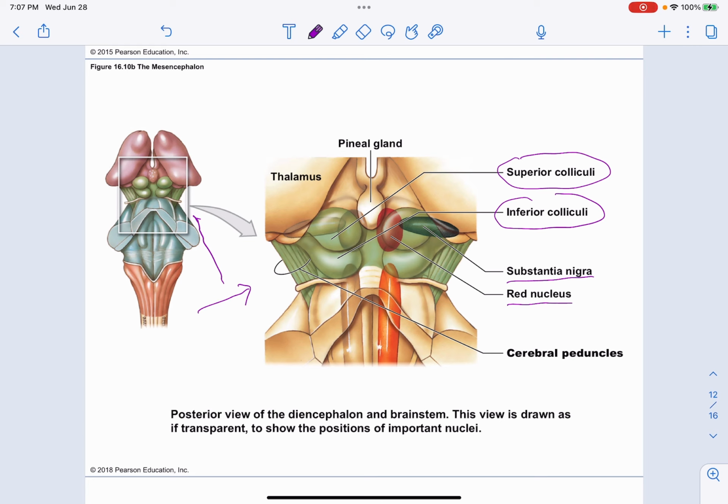There's one other feature, the cerebral peduncles, and these are largely white matter tracts. These are myelinated axons that are going to transport information to and from the central nervous system. All right, so that's what the peduncles are. I forgot to mention them, but I want to get back to these 4 nuclei.